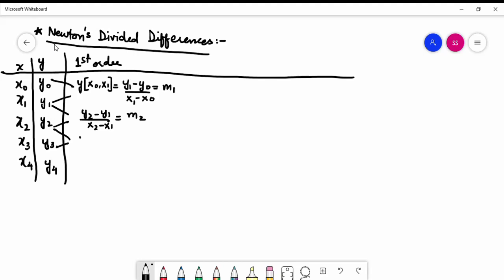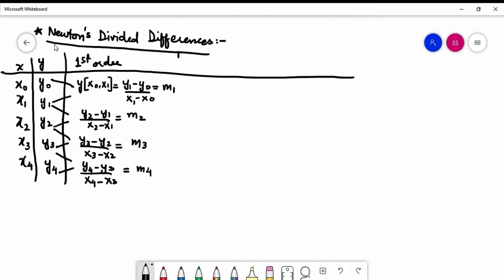Also y3 minus y2 divided by x3 minus x2, and let it be m3. The last first order divided difference is y4 minus y3 divided by x4 minus x3, which is equal to m4. So these are the first order divided differences between two consecutive points.